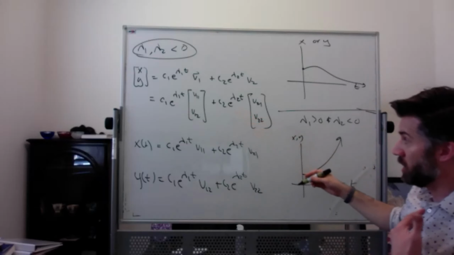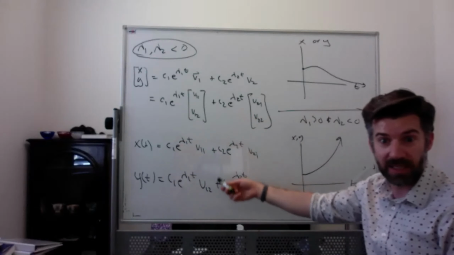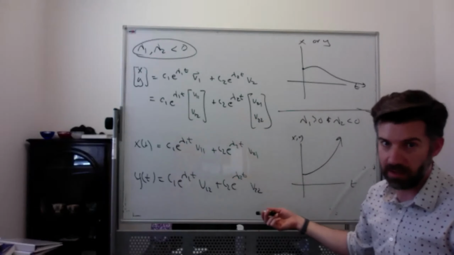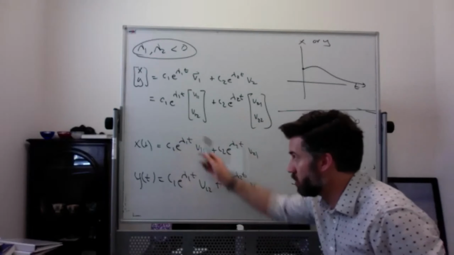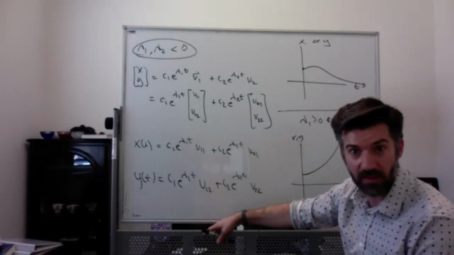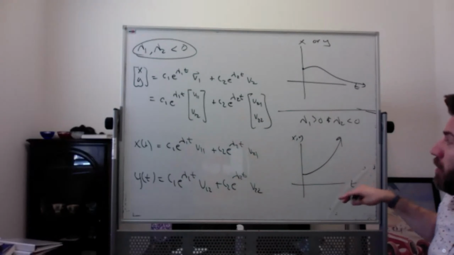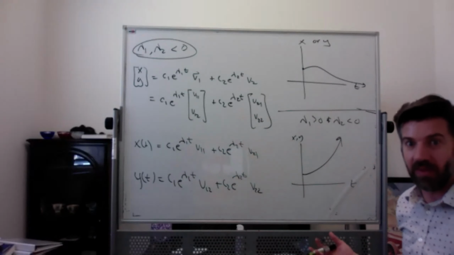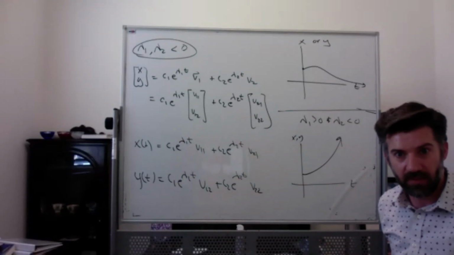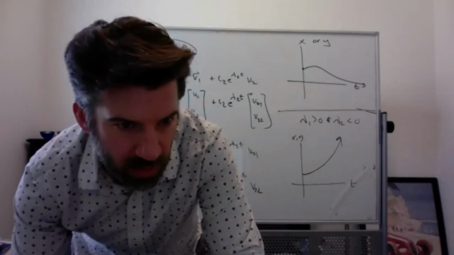So if our initial conditions were such that c1 was 0 and c2 was whatever, not 0, then this wouldn't contribute, and that being positive wouldn't do anything. So saddles are also unstable unless you happen to be on the eigenvector that goes with the negative eigenvalue.